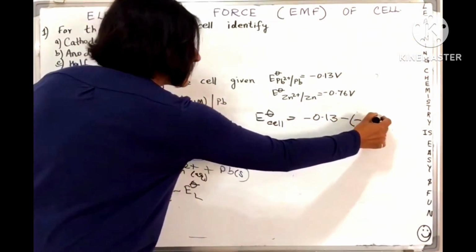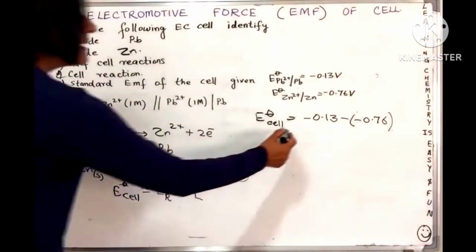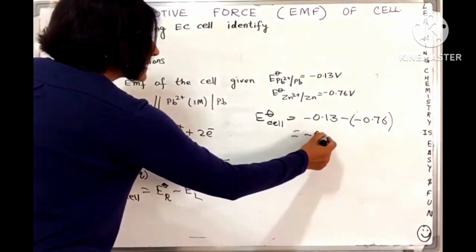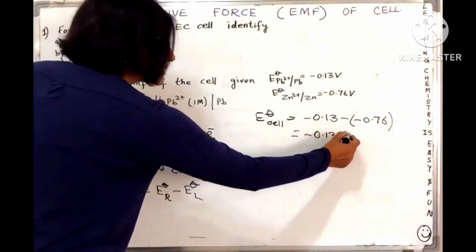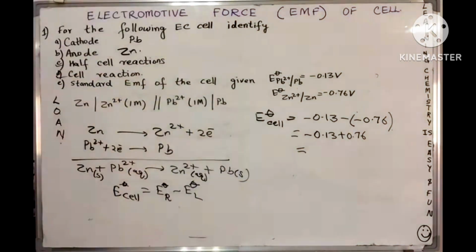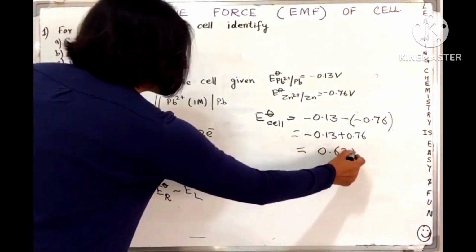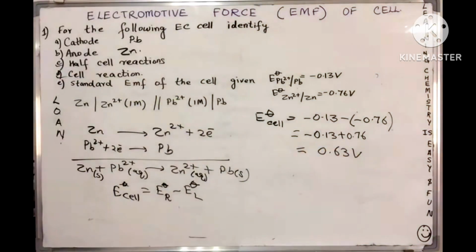So let me put a bracket in order to avoid confusion. Go ahead, open the bracket, 0.13 plus 0.76. Give me the answer and give me a smile if you got the answer right. Super, 0.63 volt is the standard EMF of this cell. Are you happy with yourself? Good. Don't worry.